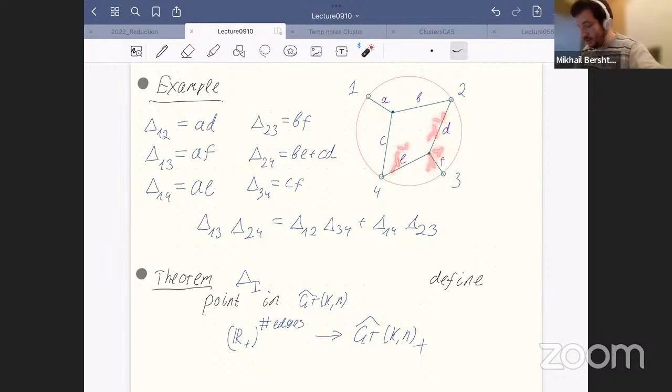And this doesn't change any of your minors. So these edge variables are not actually coordinates. There is usually some gauge freedom on them. Coordinates are usually some sort of face variables in terms of the bipartite graph.